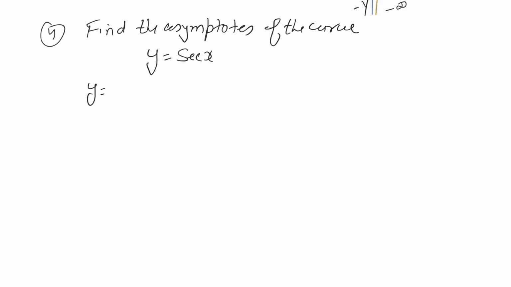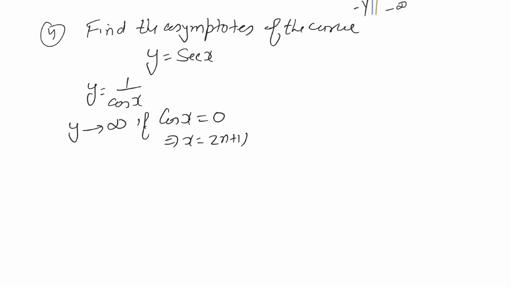It can be written as y is equal to 1 by cos x. y will become infinity if cos x will become 0. This will become 0 if x will be (2n plus 1) pi by 2, where n is belonging to set of integers, and you know set of integers contains 0, plus minus 1, plus minus 2, and so on.